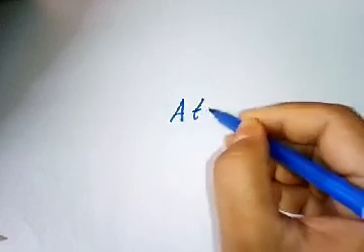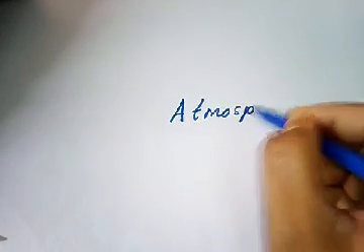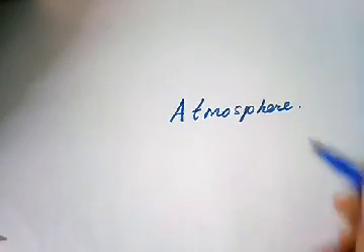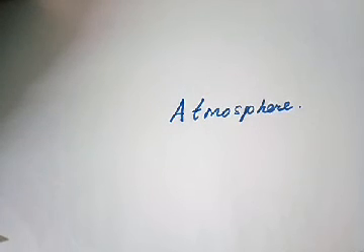The most important element that we experience over and over is the atmosphere. The atmosphere plays an important role in determining the weather and also the climate of the earth.